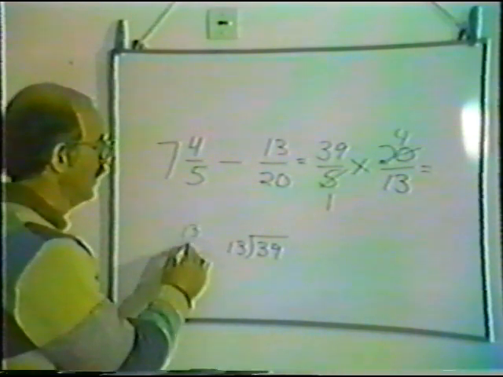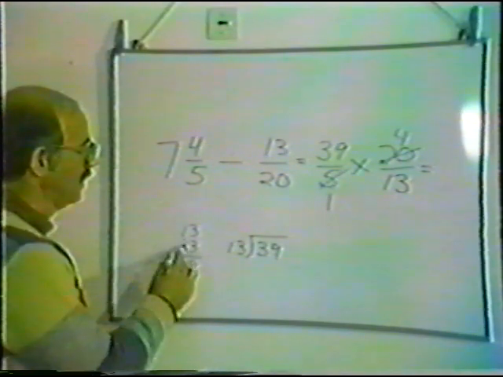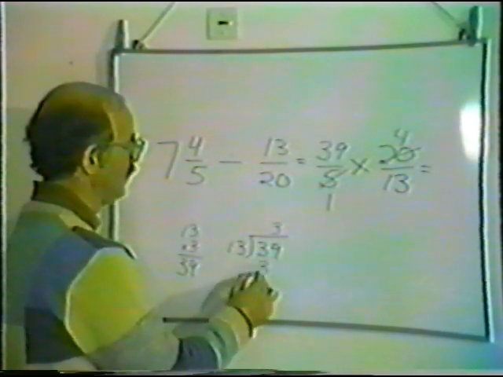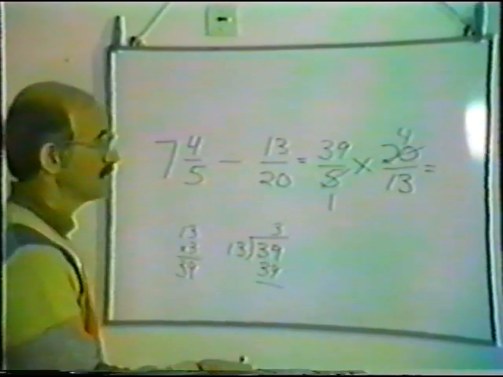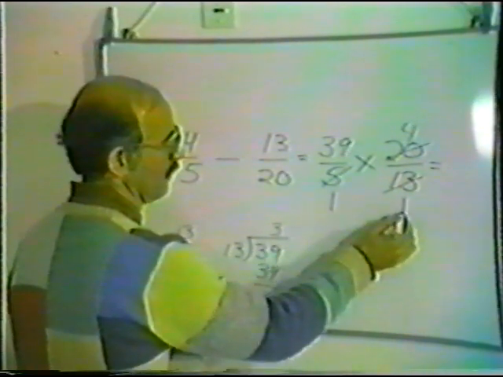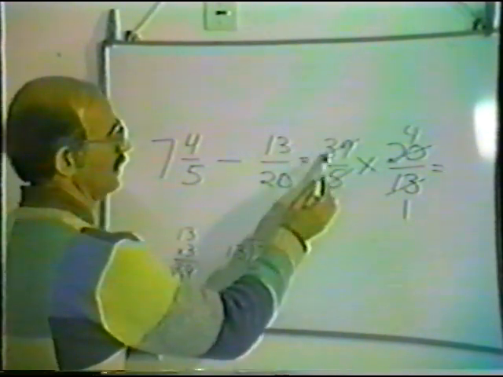Let's try 3. 3 times 3 is 9. 1 times 3 is 3. Yes, indeed, it works. So, 13 into 13 goes? Once. And 13 into 39 is?